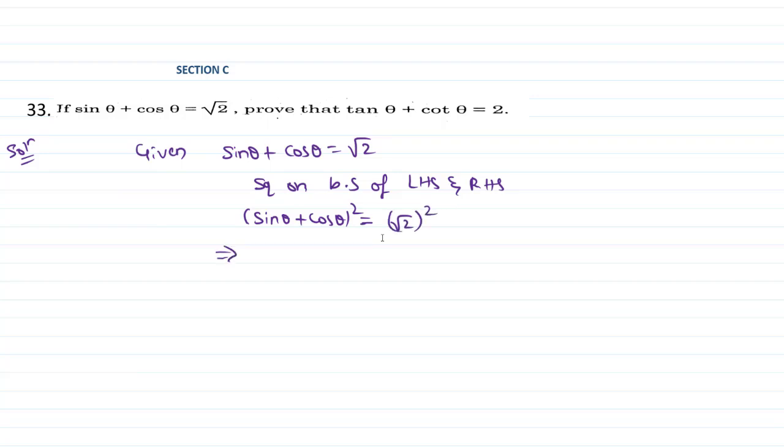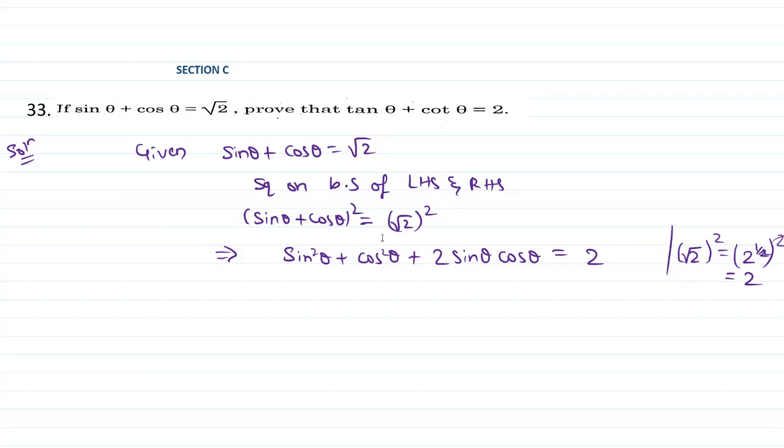This implies, it is of the form (a plus b) whole square, that is sin square theta plus cos square theta plus 2 sin theta into cos theta, which is equal to 2. Why? Because the square root of 2, whole square, can be written as 2 to the power 1 by 2, whole raised to 2. The powers cancel and we are left with only 2 here.